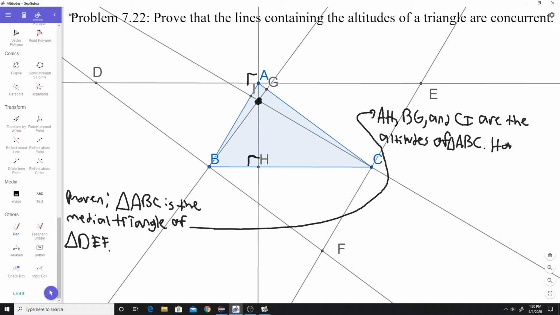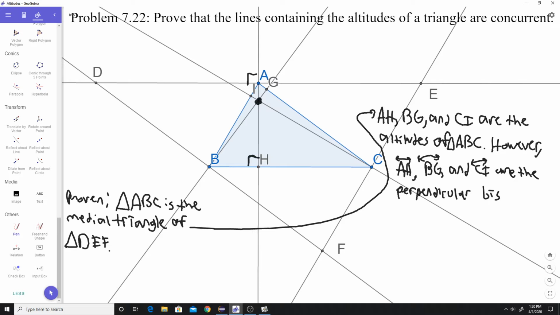However, the line AH, and the line BG, and the line CI are the perpendicular bisectors of triangle DEF.